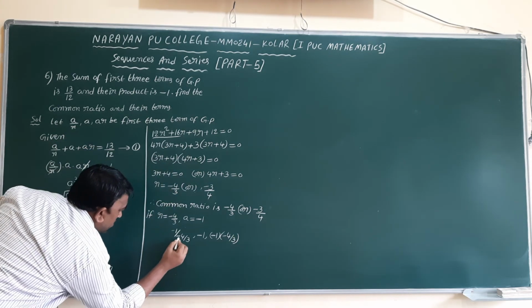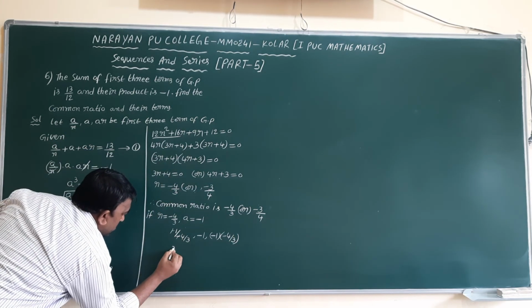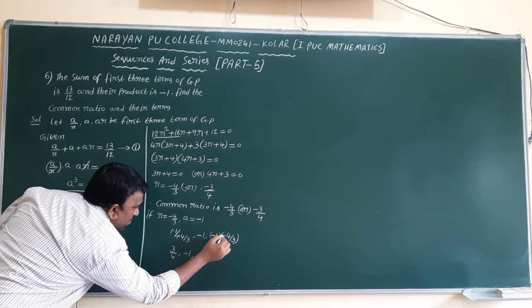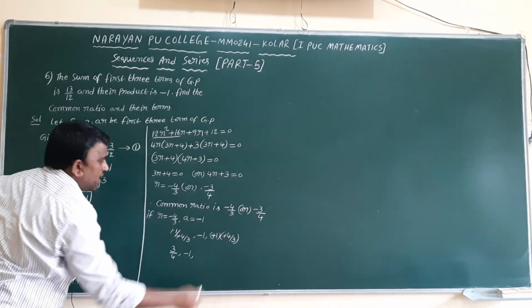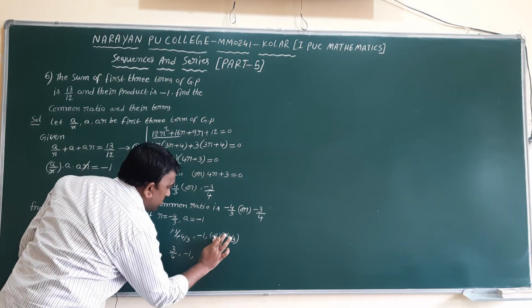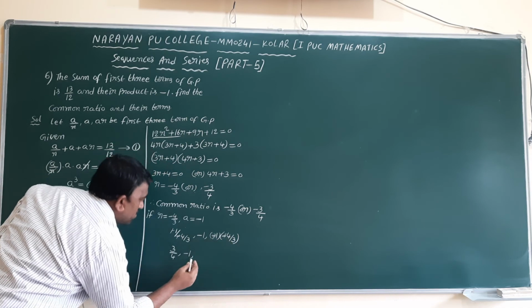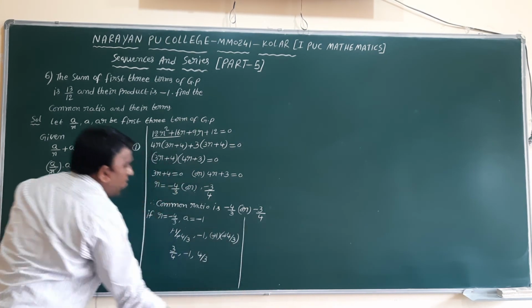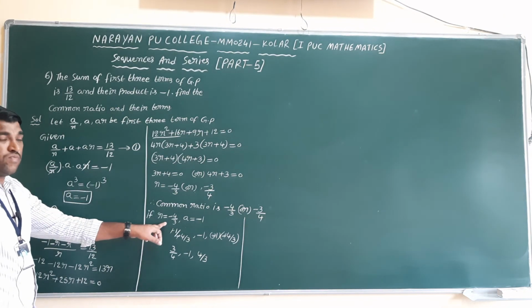So minus minus cancel, it will be reverse, 3 by 4, comma, minus 1, comma, minus into minus plus 4 by 3. That is one term set if R is minus 4 by 3.